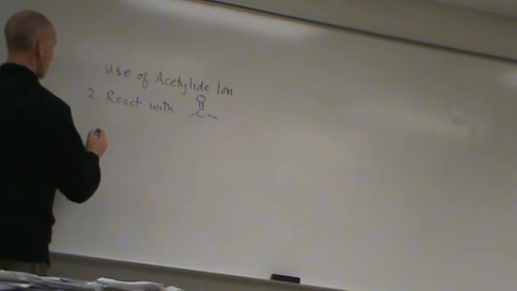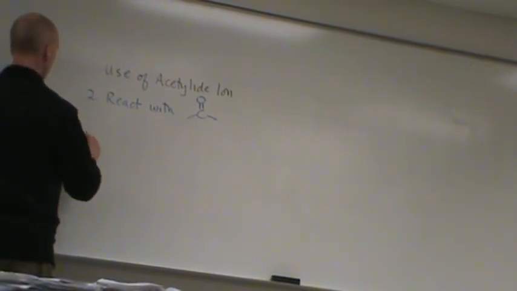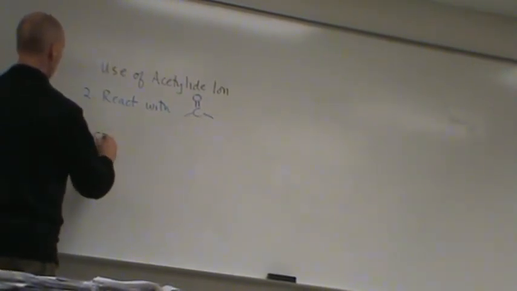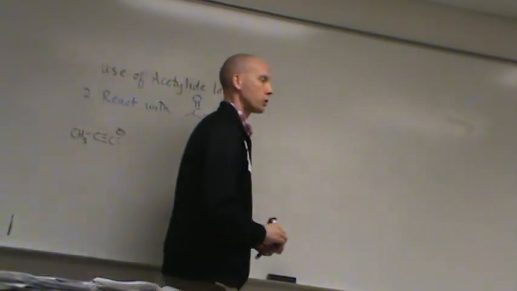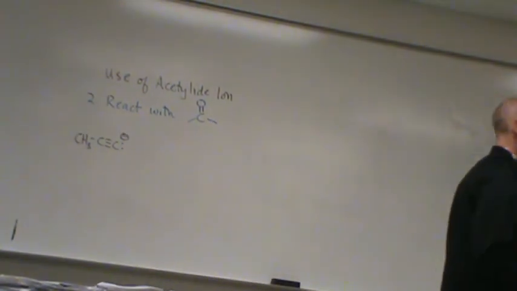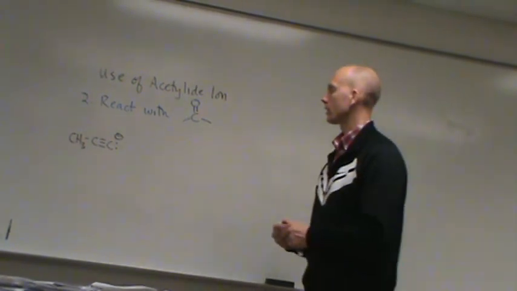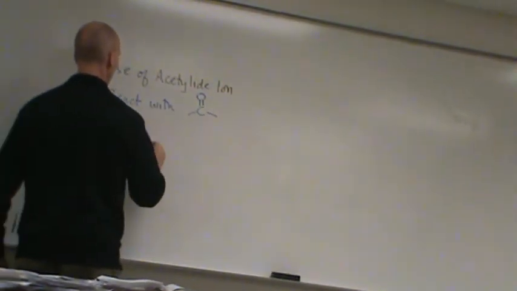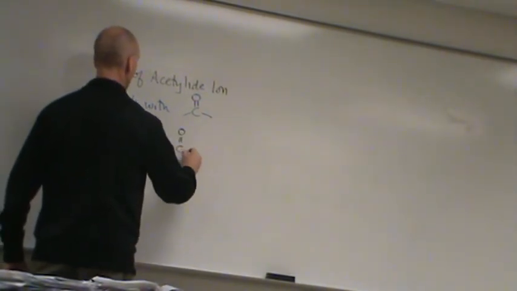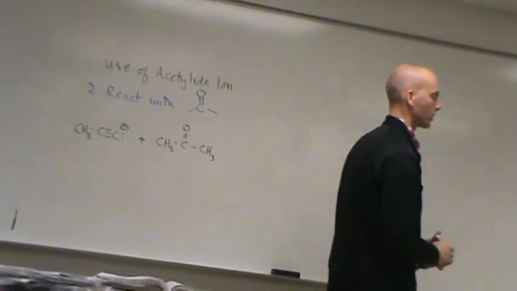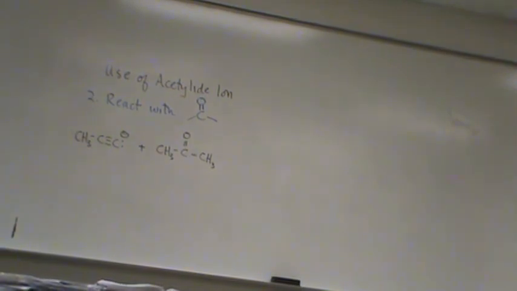Okay, so let's suppose we add a nucleophile. Let's choose this simple one here again. And now, let's react it with a molecule that has that C double bond O in it. Okay, how would this reaction here occur?